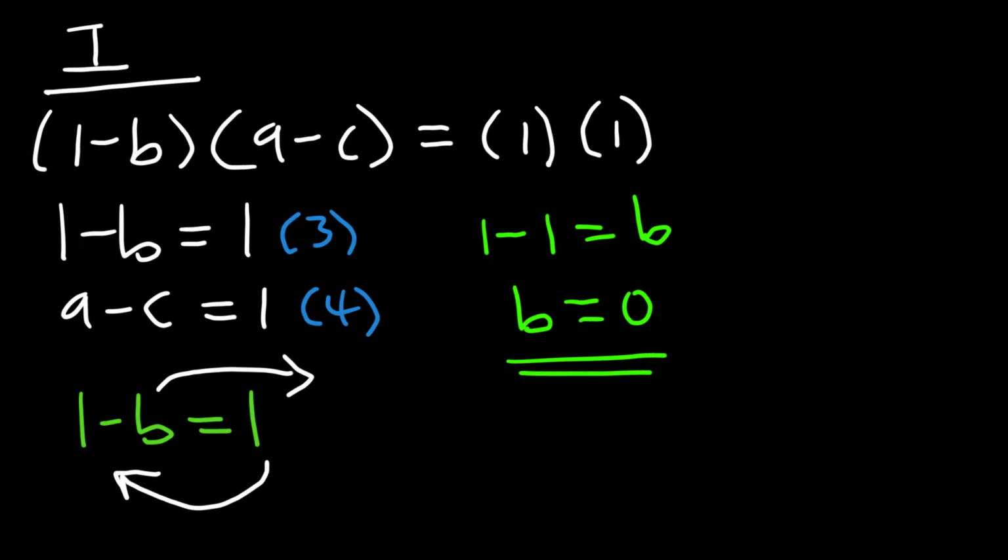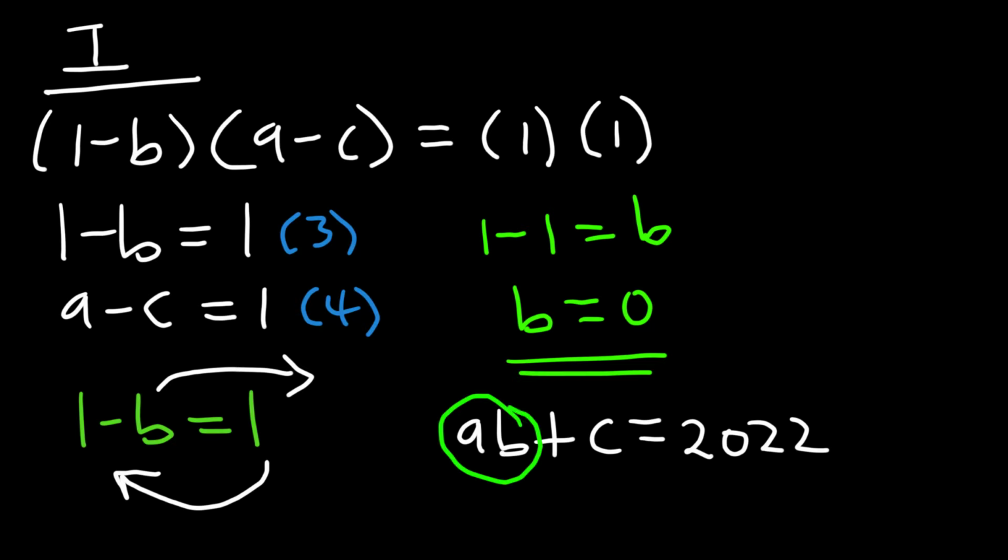Now if you recall from our system of equations, equation 1 was ab plus c equaling to 2022. Now since b equals to 0, therefore this part will be equal to 0. So we shall have c equaling to 2022. And from equation 4, we know that a minus c equals to 1.